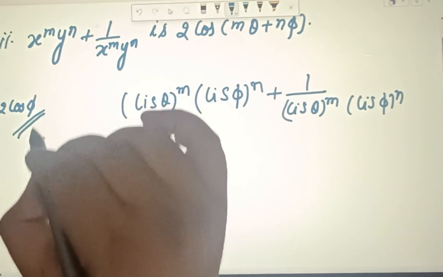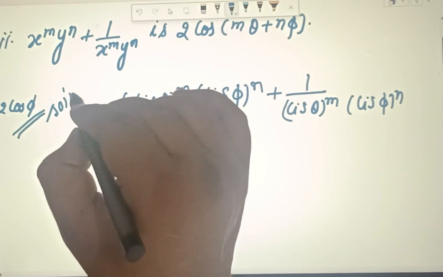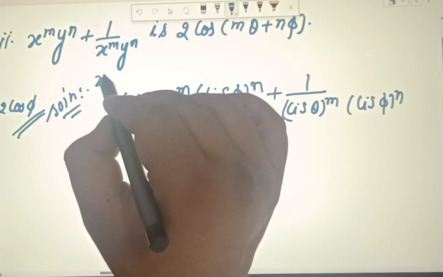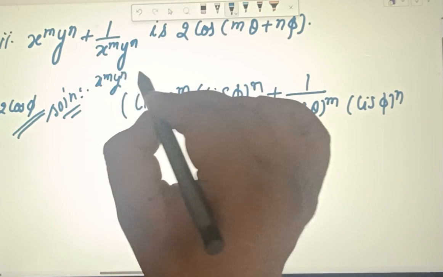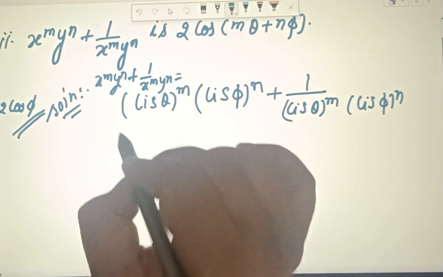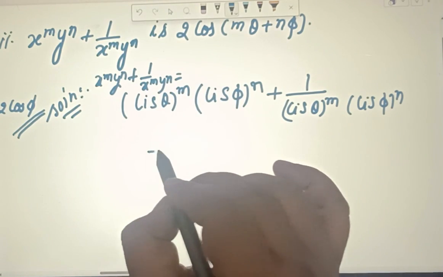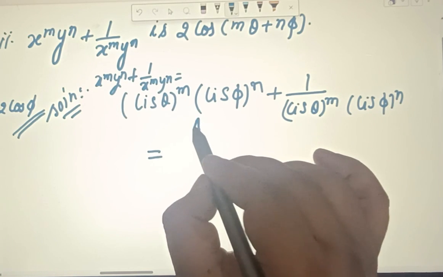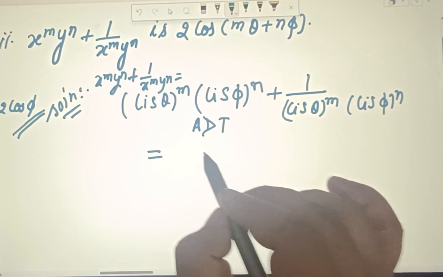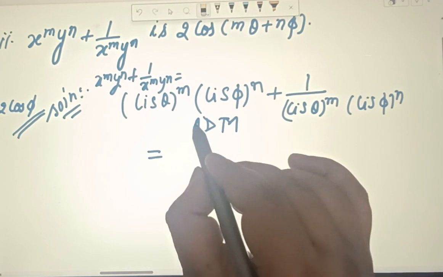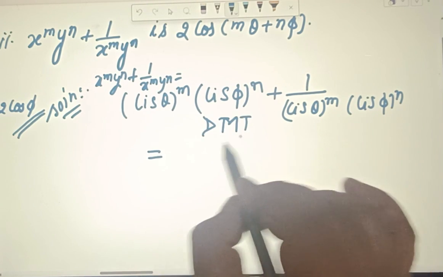Now we are starting the solution for part number 2, okay, and we have written these values for x to the power m, y to the power n, and plus 1 upon x to the power m and y to the power n is equal to this. Now come on, we can apply de Moivre's theorem here.